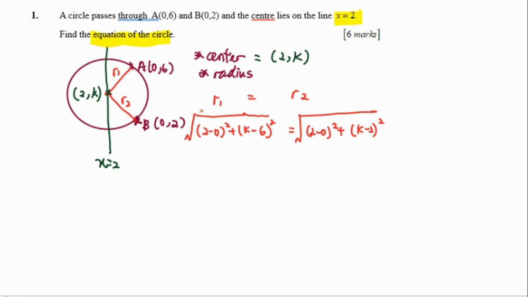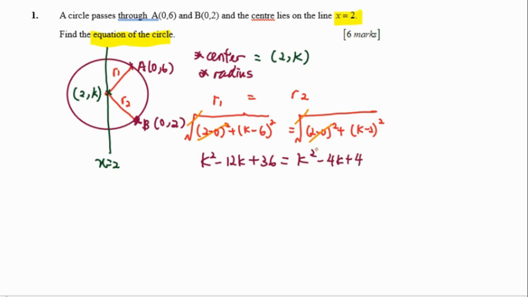First of all, we square both sides to remove the square root. Then, notice that 2 squared on the left hand side and 2 squared on the right hand side are the same, leaving (k minus 6) squared and (k minus 2) squared. Expanding this, it becomes k squared minus 12k plus 36 equals k squared minus 4k plus 4.